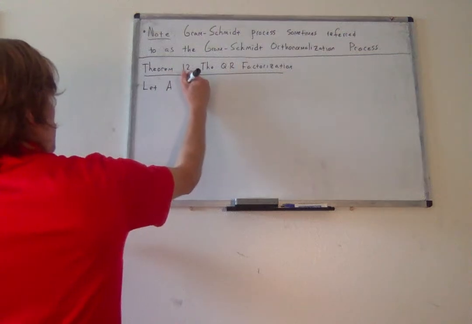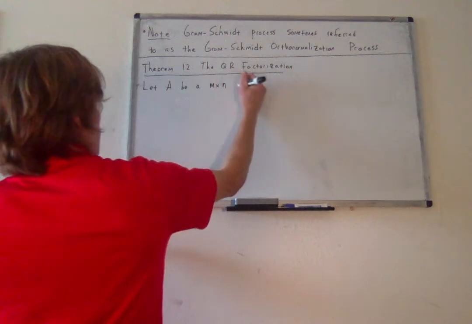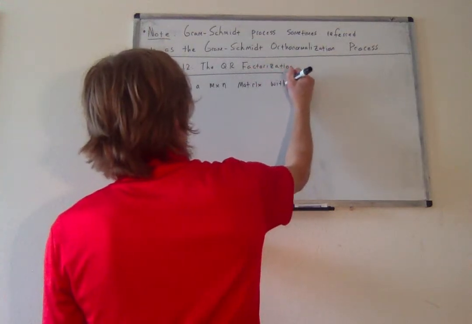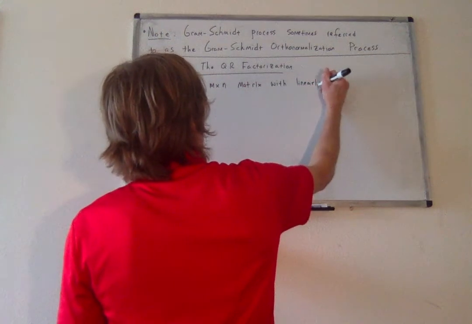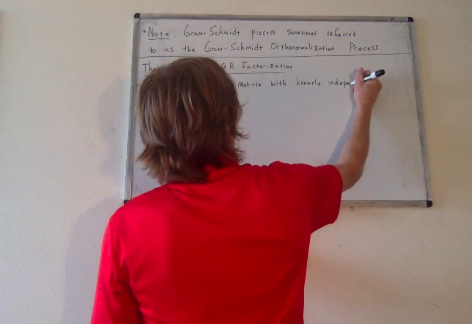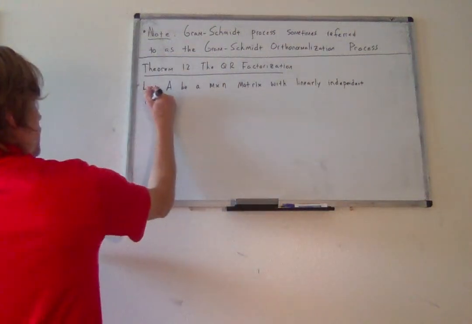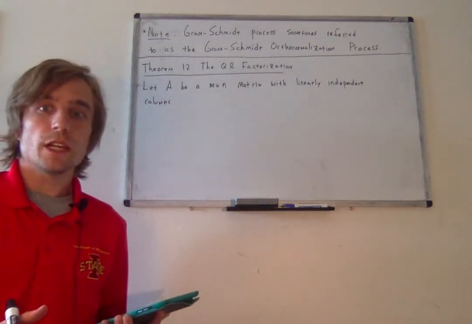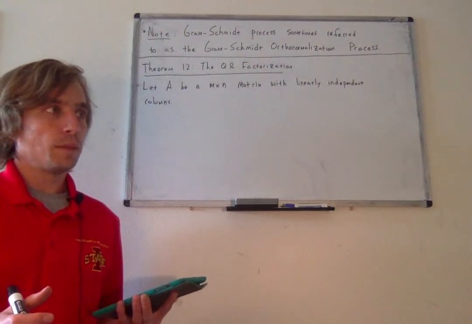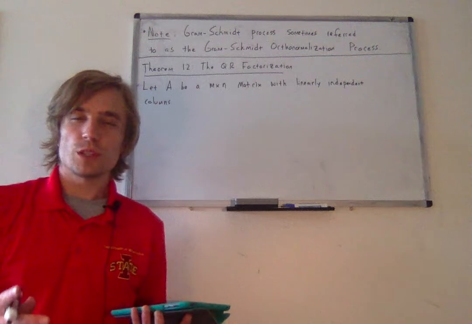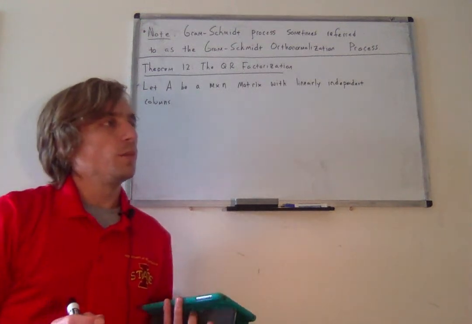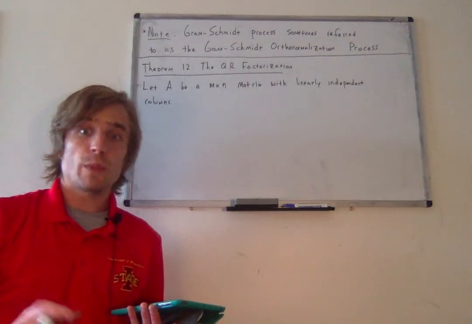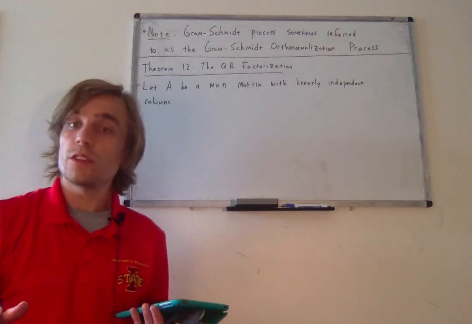So if we have an m by n matrix with linearly independent columns, and this is important because this means that the columns of A themselves form a basis for the column space of A. Remember, that would be a really good test question: the columns of a matrix always span the column space, but don't always form a basis if those columns are not linearly independent.